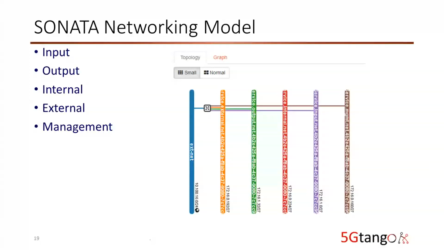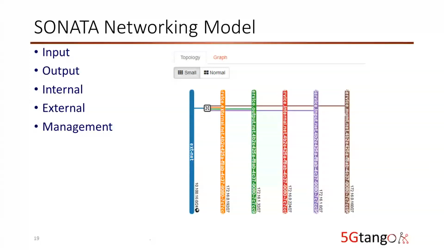So in your network service that is composed of multiple VNFs, you could have input, output, internal and external networks. If you are creating a VNF that acts at layer 2, for instance, and needs an input interface, processes the traffic, and distributes it with the output interface, you could use the input and output.